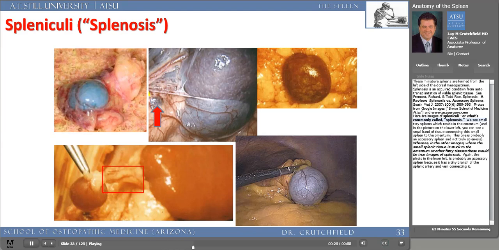This one is probably an accessory spleen and not truly splenosis, whereas in the other images, where the small splenic tissue is actually stuck to the omentum or the fatty tissue, those would be true evidence of splenosis. Again, the picture in the lower left is probably an accessory spleen because it has a fully functioning tiny branch of the splenic artery and vein connecting it.